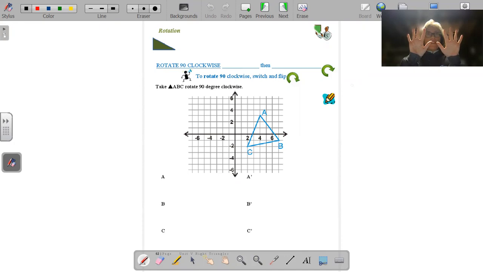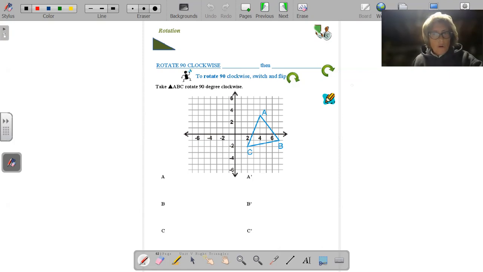To rotate 90, go like this with your fingers, clockwise. You switch and flip to the right. One more time, this will help you memorize it. To rotate 90 clockwise, you switch and flip to the right.